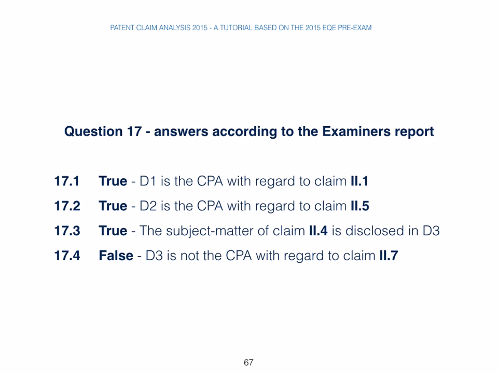The answers are: 17.1, true, D1 is the closest prior art with regard to claim 2.1. 17.2 is true, D2 is the closest prior art with regard to claim 2.5. 17.3 is true, the subject matter of claim 2.4 is disclosed in D3, and 17.4 is false.